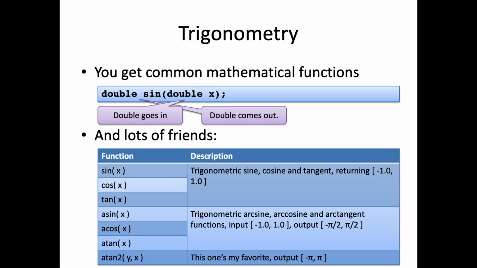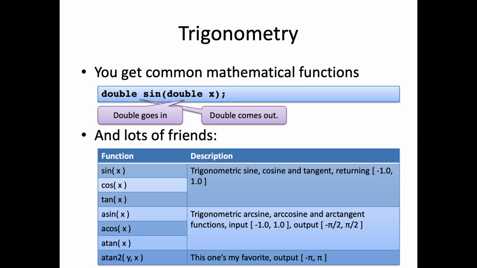So they did what is commonly done in C, and you've seen a lot of examples of this. They gave the function a slightly different name to reflect its parameters. For every one of these functions, they work on double, but there's also a version with an F at the end that works on floats.